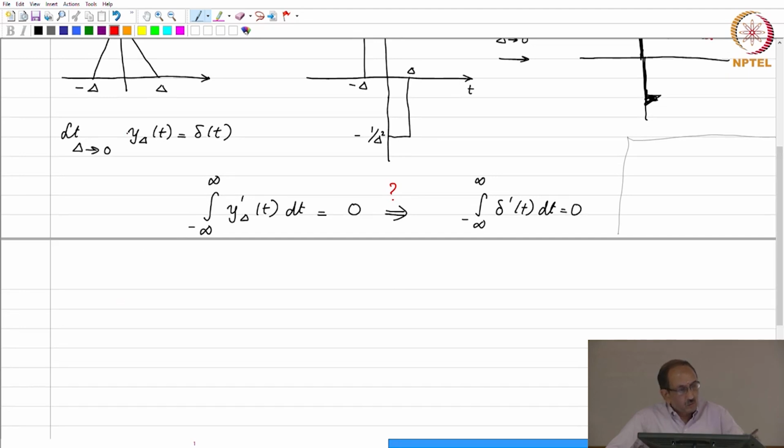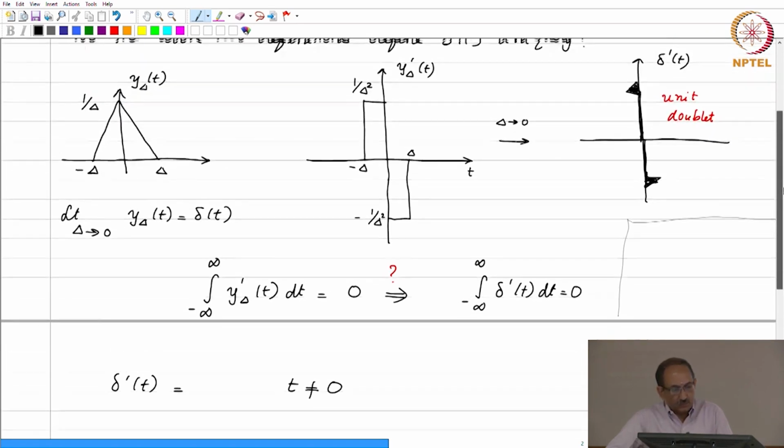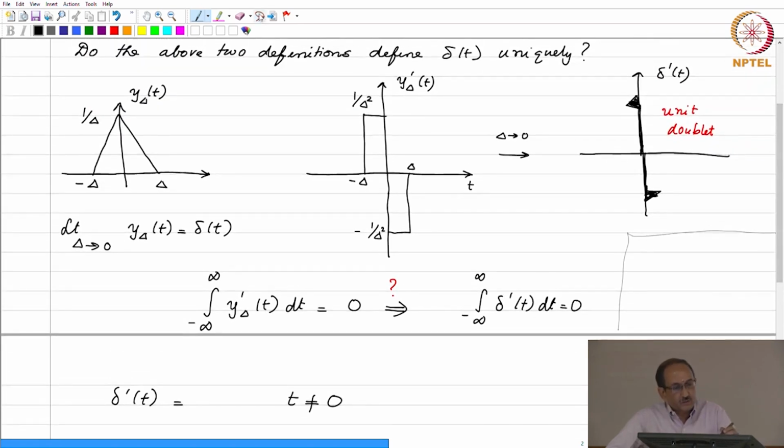And what can you say about delta dash of t for t not equal to 0? Remember, if delta dash of t is this, in the limit as delta tends to 0, this becomes skinnier and skinnier, taller and taller.